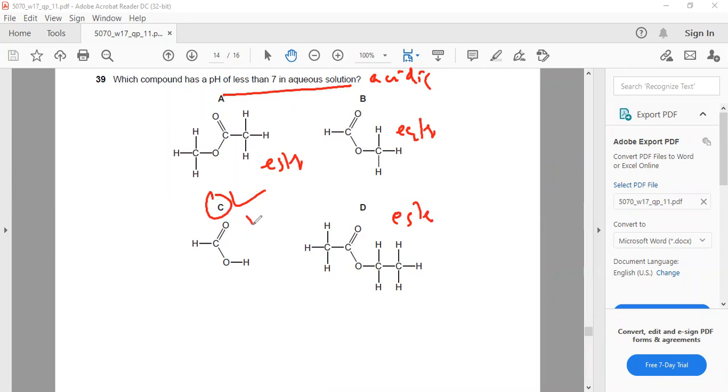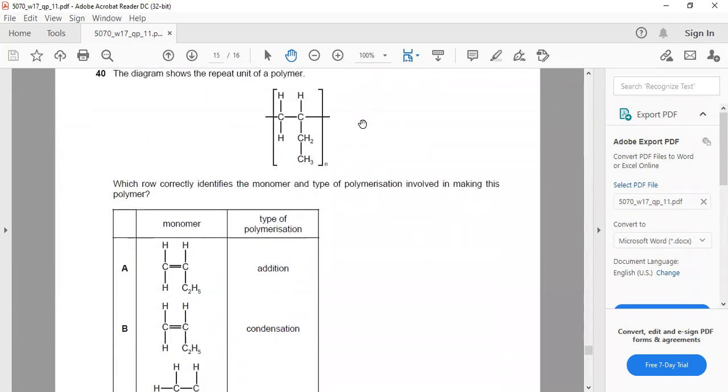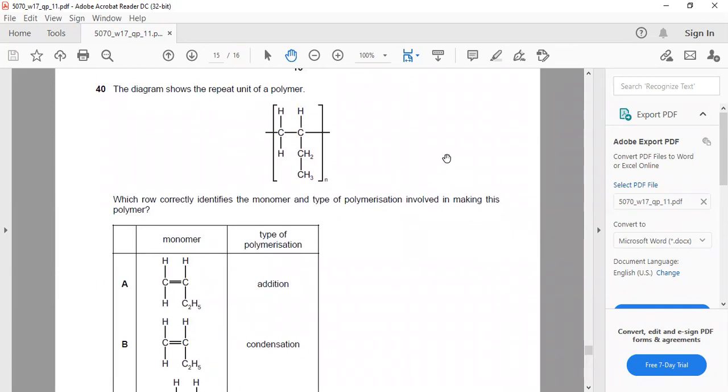C is the answer because carboxylic acid has pH less than 7. Last, 40. This is the polymer. The monomer should be like this. CH2, CH3 means C2H5. Yes, is the answer.